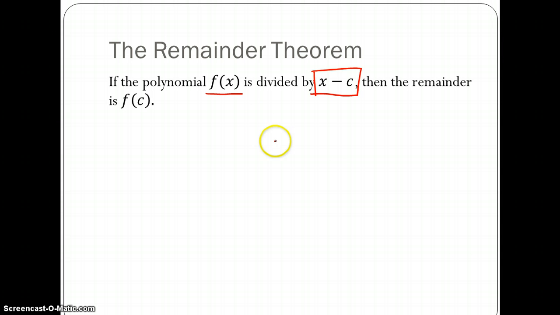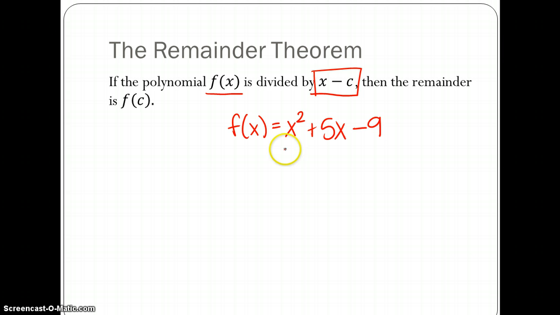So if you remember back when we did function notation, if I said f of x was, say, x squared plus 5x minus 9, a fairly simple polynomial.